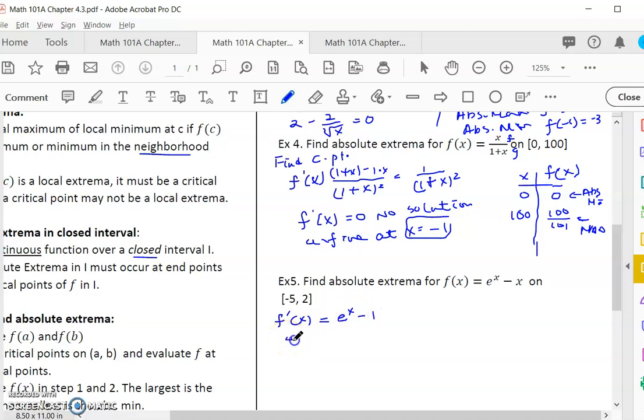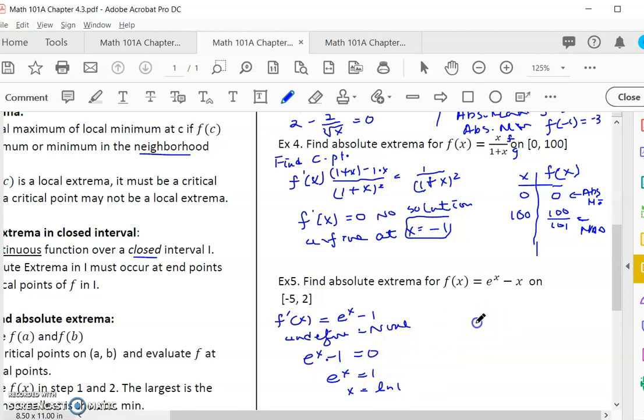So undefined, none. What about solving equal to 0? e to the x minus 1 equal to 0 means e to the x equal to 1. So what is x? x is equal to ln 1, because if you do ln on both sides, that would be x.